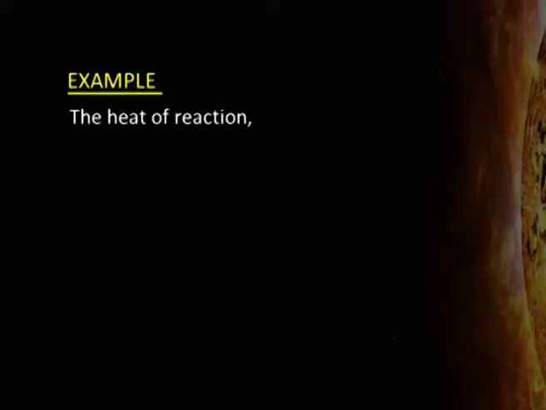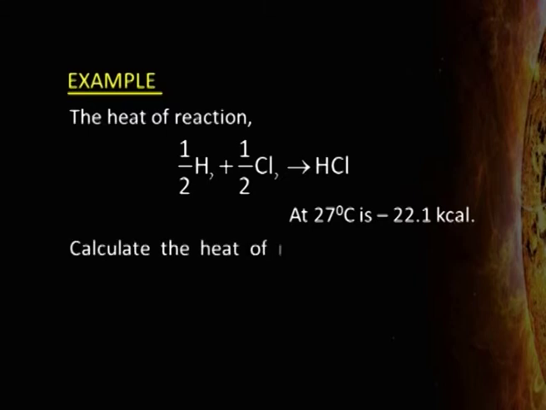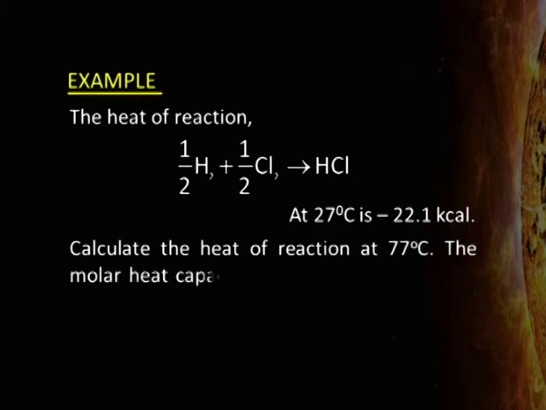The heat of reaction half H2 plus half Cl2 giving you HCl at 27 degrees Celsius is minus 22.1 kilocalories. Calculate the heat of reaction at 77 degrees Celsius.